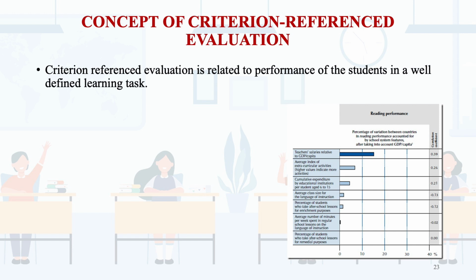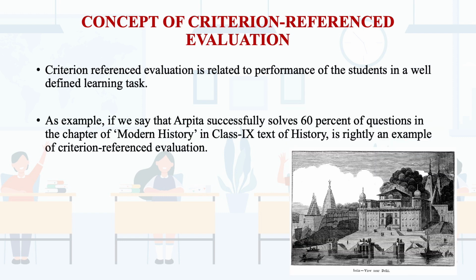So dear learners, you are supposed to understand what the learning task is. As an example, if you say that Arpita successfully solves 60% of the questions in the chapter of modern history in the class 9th history text, here you see the well-defined learning task is modern history. Modern history is a chapter included in the history subject of class 9th. So here Arpita successfully solved 60% of the questions.